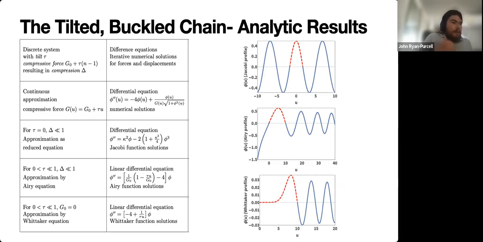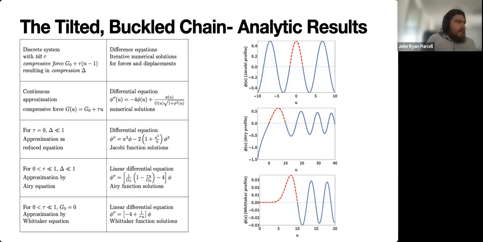So here's a quick table that summarizes the next bit of the talk, which is that we have three different scenarios in which we found analytic solutions for this differential equation. Remember, starting with the full equation with tilt, if we consider tilt equals 0, we have a reduced version of the equation that results in Jacobi functions, which I'll talk about in a moment, as seen in the first part.